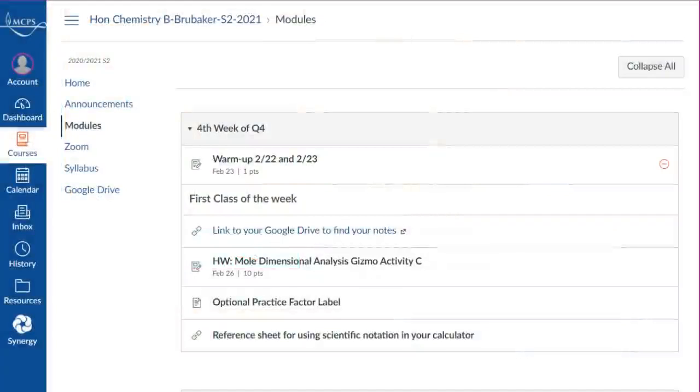If you go to the module page of our Canvas classroom, I have 2 additional items for you to see. I have given you 3 different PDF worksheets. They're old homework assignments. The first one is converting between molar mass and moles. So there's additional problems that you can practice on there.